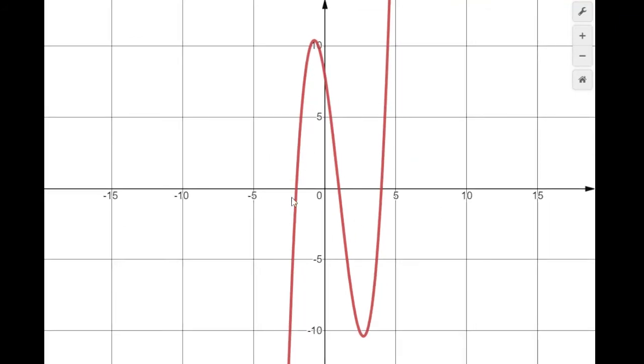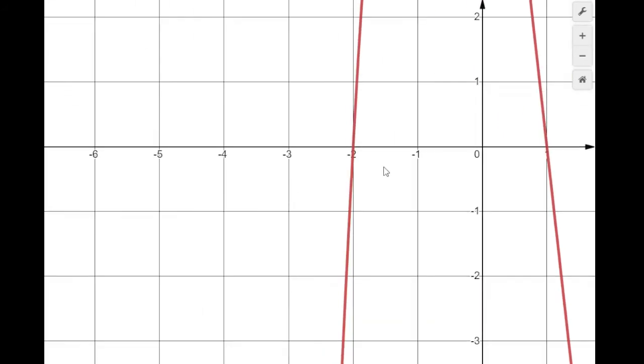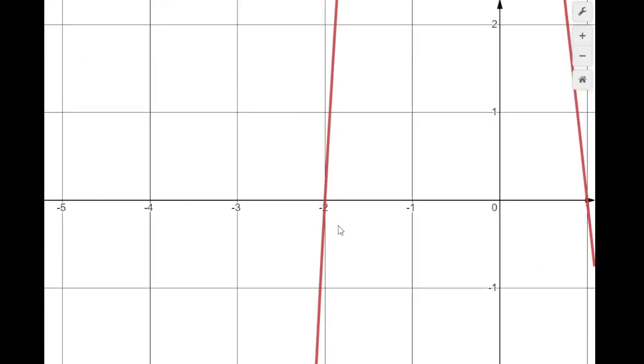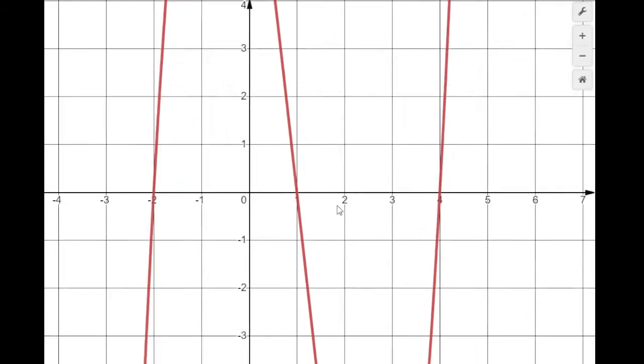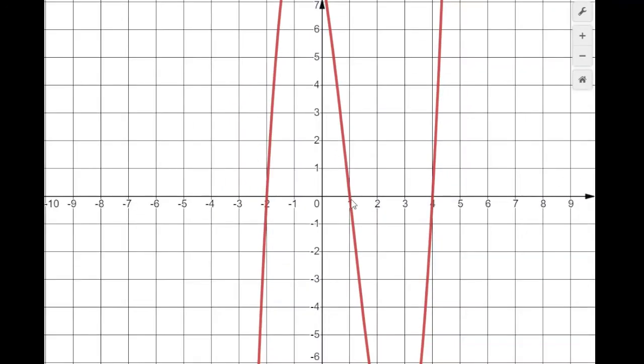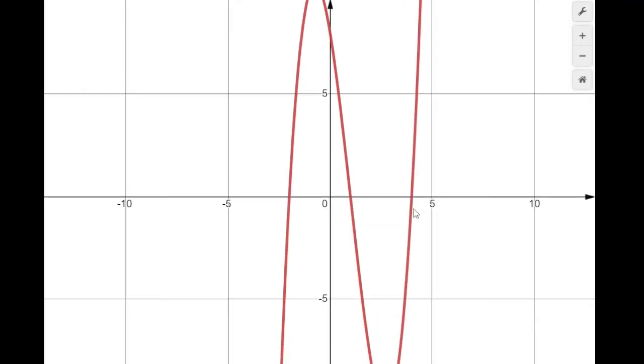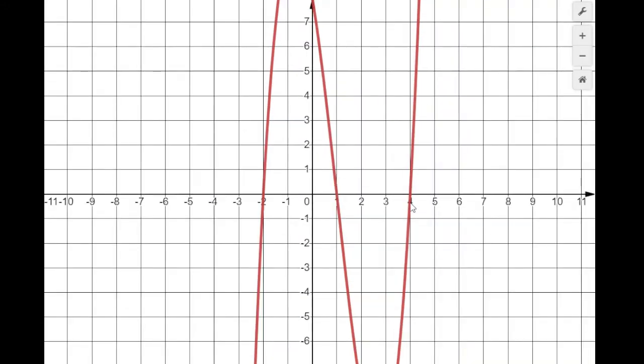Apparently it crosses the x-axis, the horizontal axis, at 3 separate intersections right there. One of them is right here at x equals minus 2, as I'm zooming in so we can see it. Then we have another one at x equals 1, and another one at x equals 4 right here.